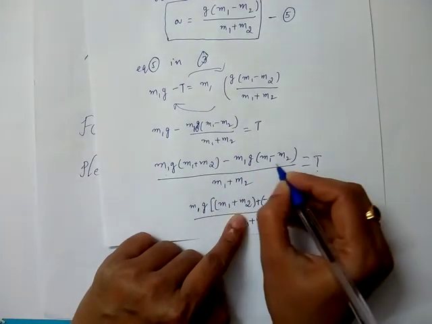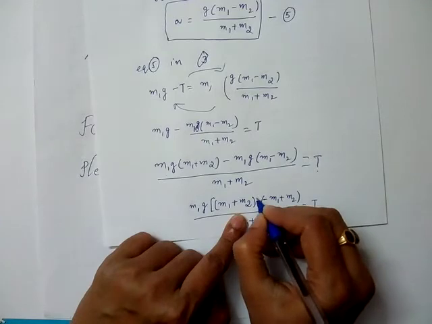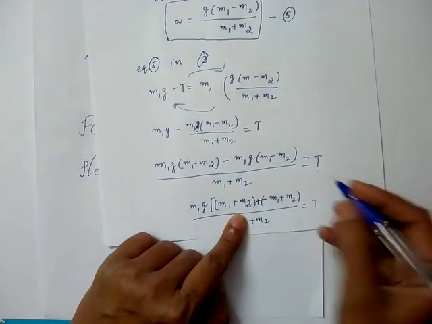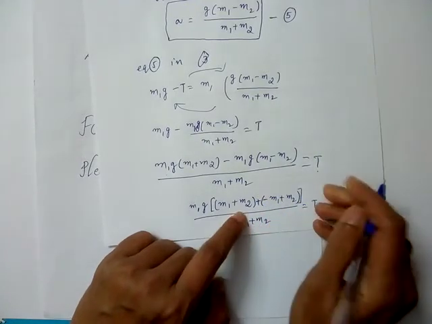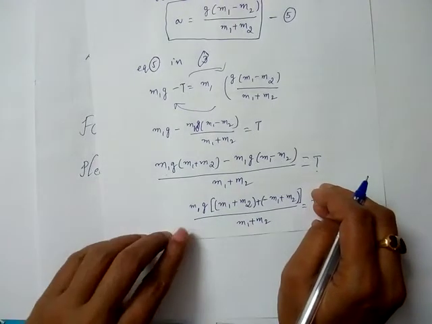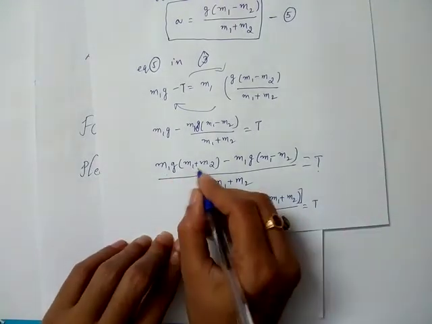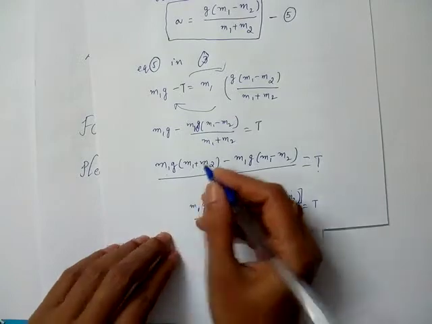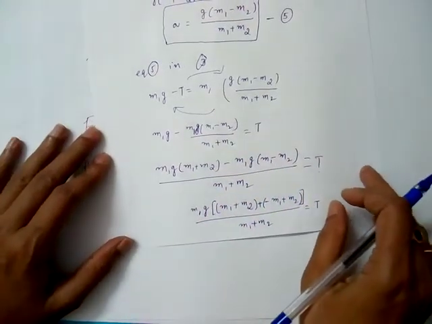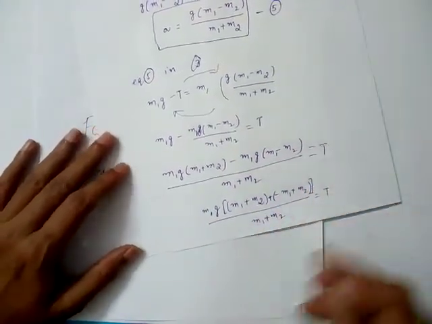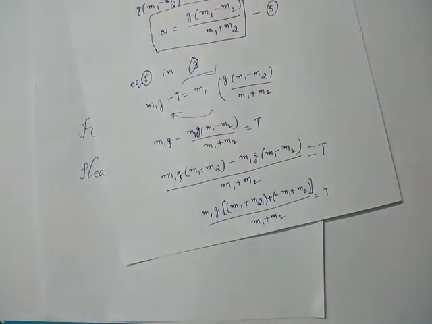This minus I have written here. Instead of this you can write here also, and you can write m1 minus m2 also, no problem. Otherwise you can take just direct multiplication so that you will understand. It will be easy to cancel as well. Okay, any of the methods you can use.